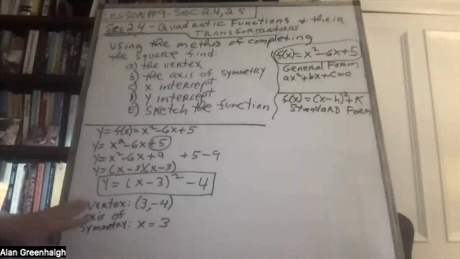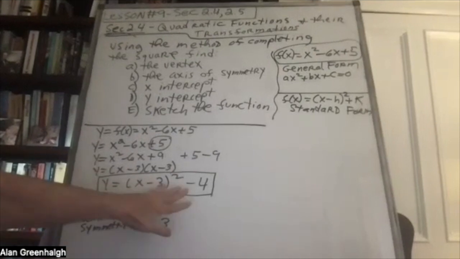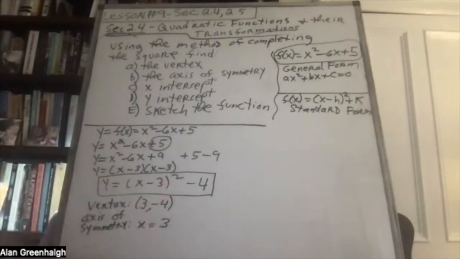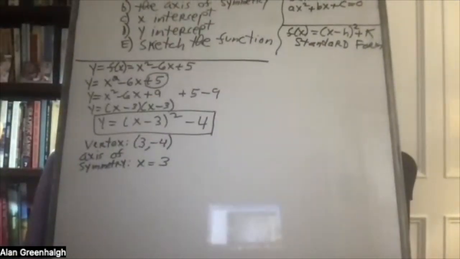Okay, so that's what we know just by looking at the equation, right? And I'm not even sketching it because I don't want to start sketching it and it may not look right.